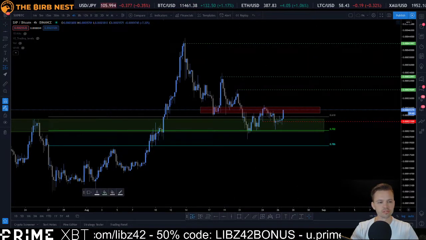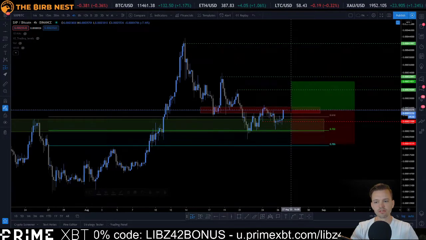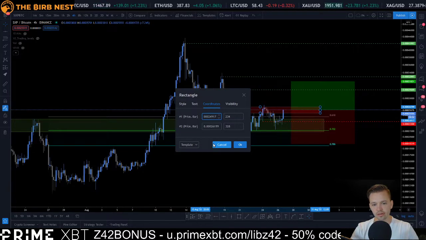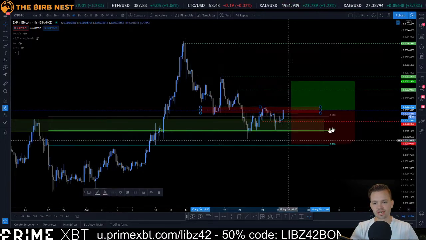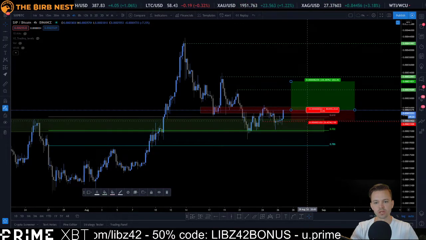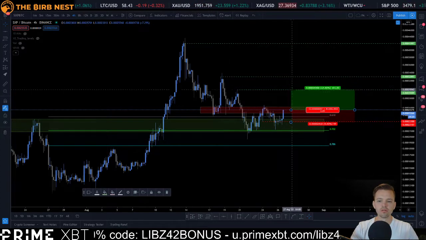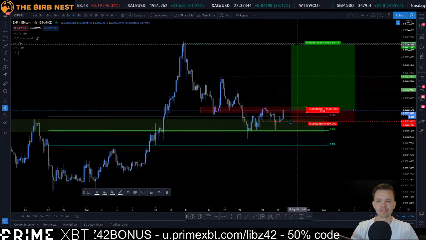You should buy the break and retest of the red box, which is the area between 25k and 26k. Stop should be somewhere below this area. First take profit at these highs, second and third take profit.